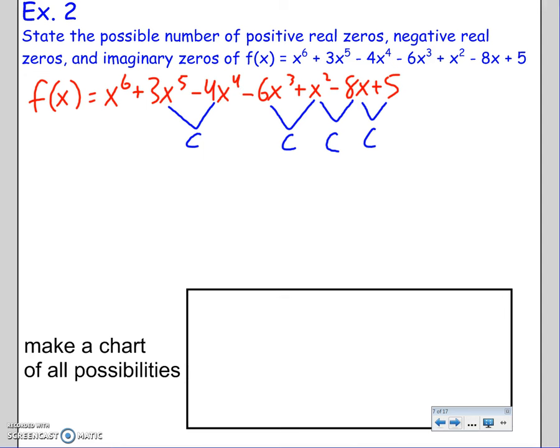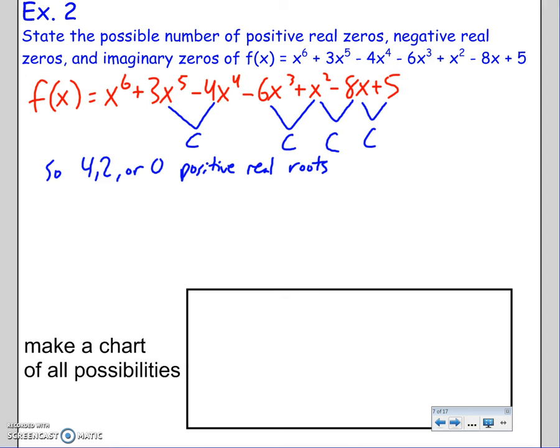So that means there are 4 positive real roots, or anything less than that by an even number. So it would be 4, 2, or 0 positive real. Now notice I did not say 6, so they all can't be positive.